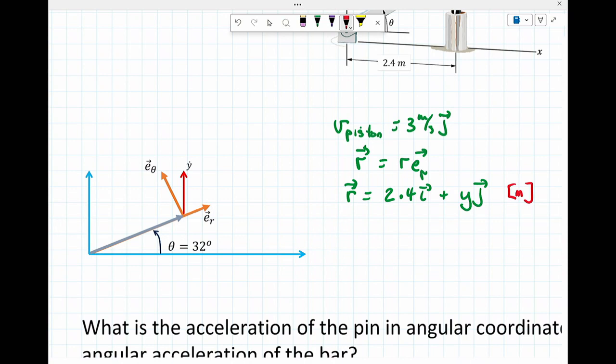So I know that r is equal to 2.4 i plus y j in terms of meters.